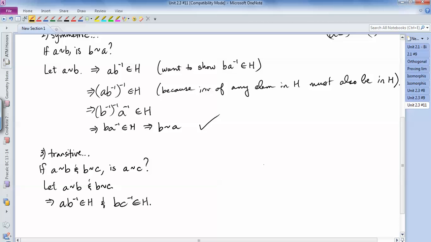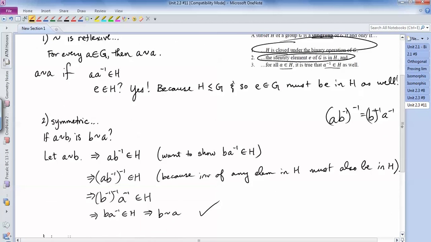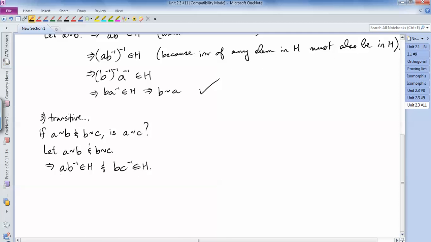The one other property about subgroups is that H is closed. So if I know this is in H and that's in H, I know their product's in H. So AB inverse times BC inverse also has to be in H. And remember, H is a subgroup, so it's got to be associative too.